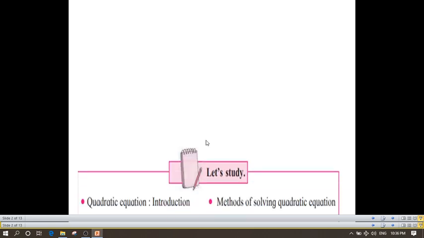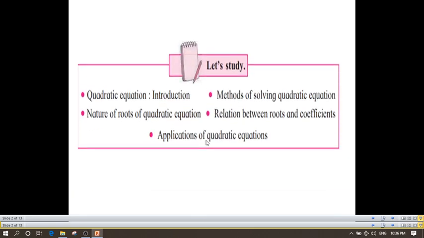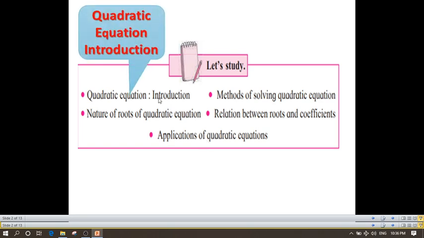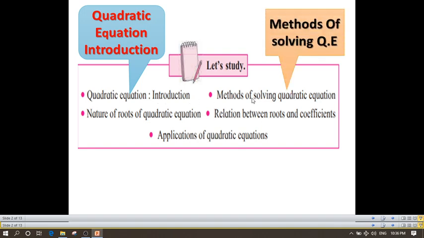Now in this chapter we have to study what is meant by quadratic equations, means introduction, standard form, then how to solve the quadratic equations, that is the methods of solving quadratic equations.